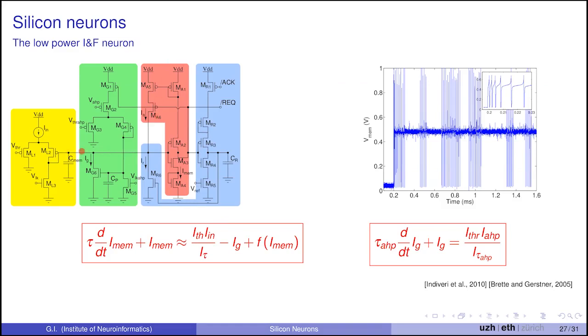As soon as you start to turn on the inverter, which then will burn power, you take the same current that's flowing through the inverter, which is the cause of the burning power, and you send it back into the input, which makes the input increase even more, which switches off the inverter really quickly. So that's the reason why this is so low power.